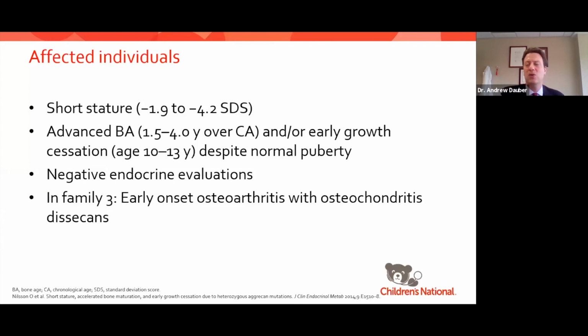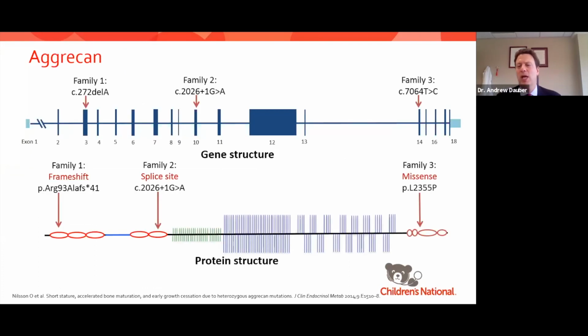And one of the families had early onset significant arthritis and osteochondritis dissecans. And we did a whole exome sequencing, and we found that all 3 families had heterozygous mutations, meaning that one copy of the gene had a mutation in the Aggrecan gene. So Aggrecan is a proteoglycan.